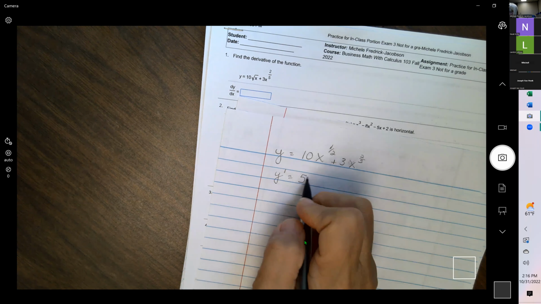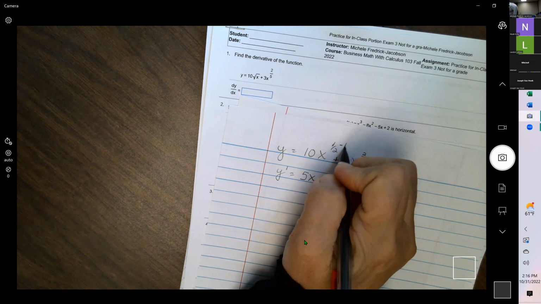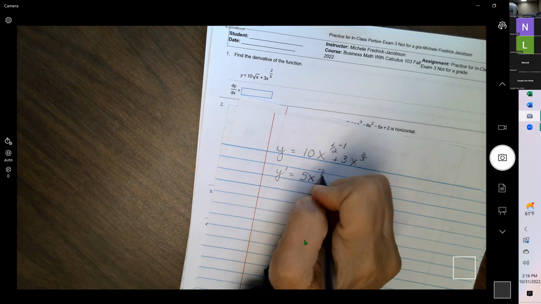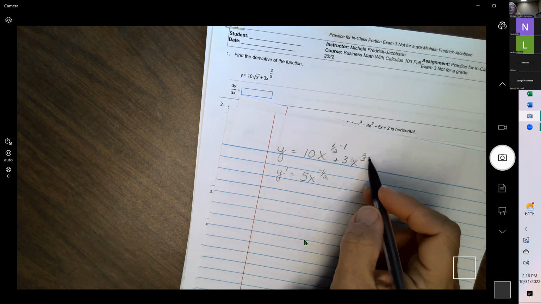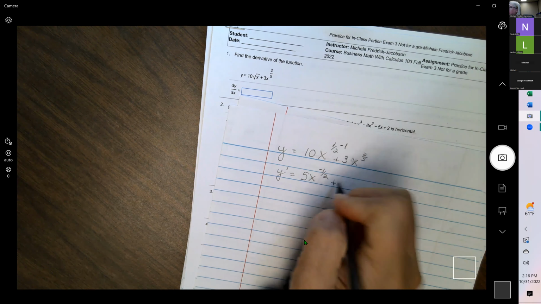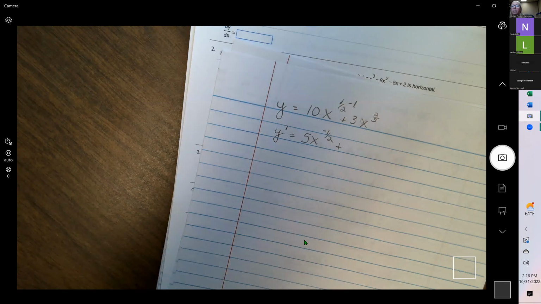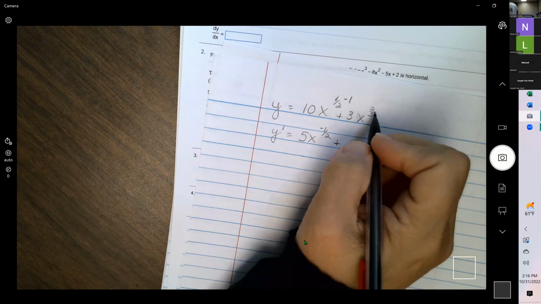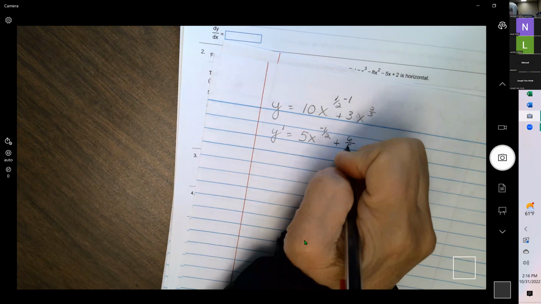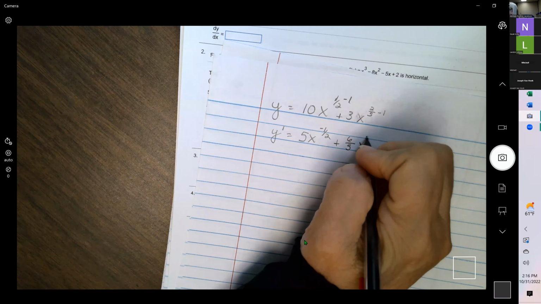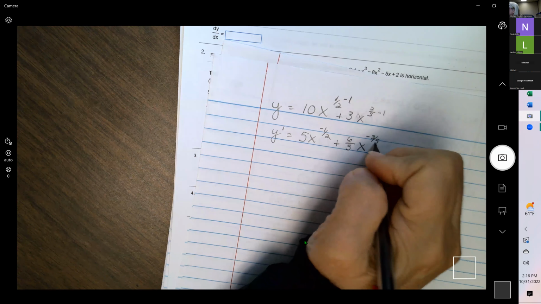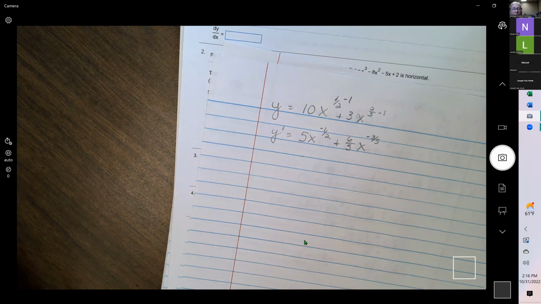That would be 5x, and then when we subtract 1, we get a negative 1/2. 2/5 times 3 is 6/5 x. Subtracting 1, I get negative 3/5. And that's all you have to do. Just take the derivative. Any questions on that one?